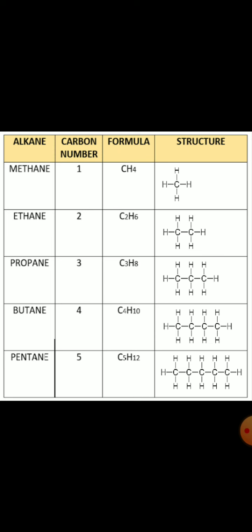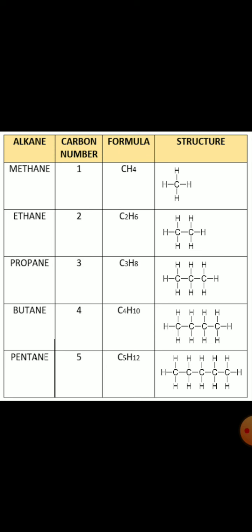Now, how do we see this change in homologous series? We have three types of homologous series. The first series is the alkane series. Recall we have learned about saturated hydrocarbons, which are called alkanes, which have single bonds between carbon atoms. I have already explained that there is a change in all these compounds by CH2.